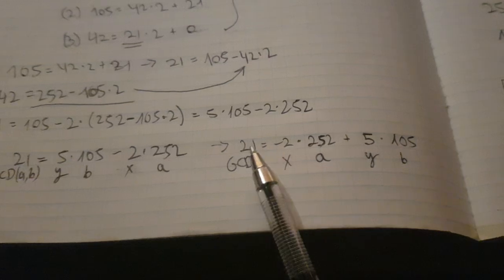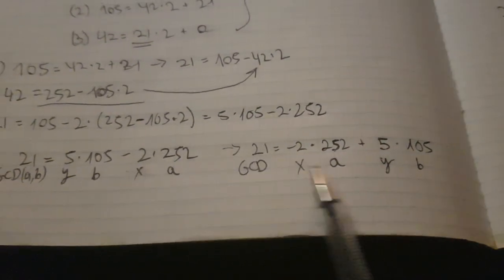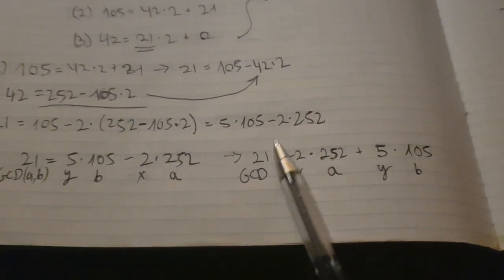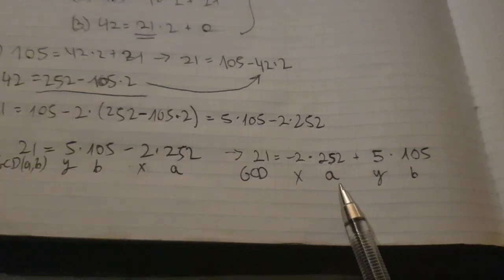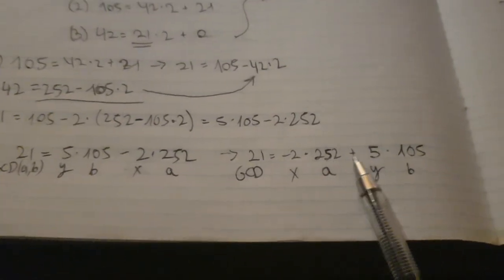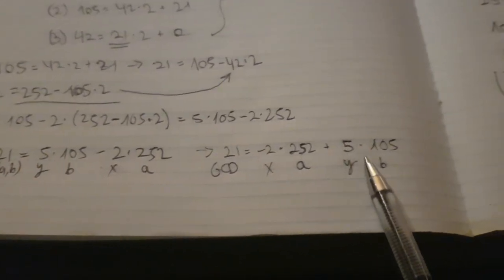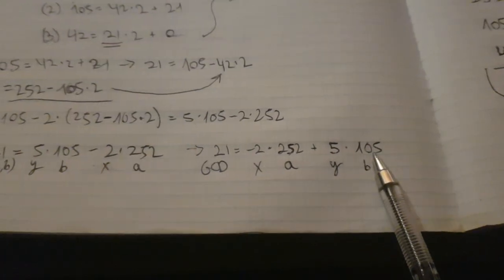If we organize it, 21, which is the GCD of our A and B, equals a coefficient, which is the x, because this is the coefficient of A, minus 2 times A, 252, plus a coefficient of B, so it's y, times our B value 105.